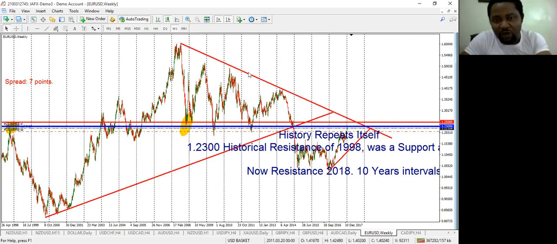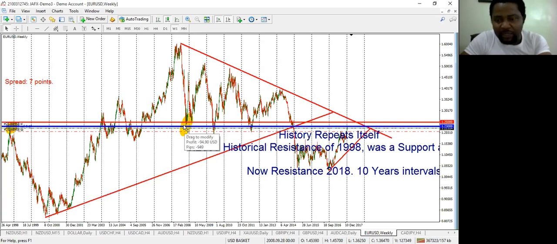We are still on the bearish trend since 2008. So this level had always been acting until 2015. We broke out of here after the Swiss National Bank decision, depegging their currency from the euro. We broke down. Now exactly, I think 10 years, am I correct?